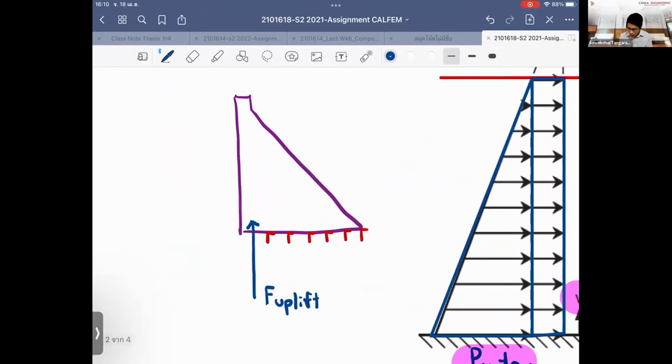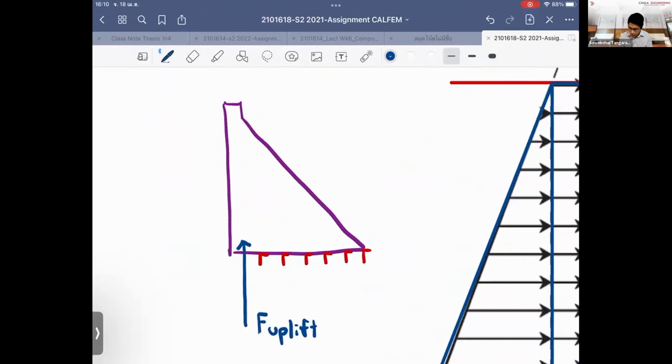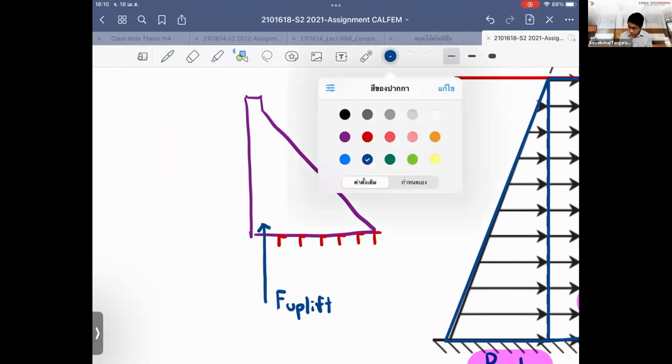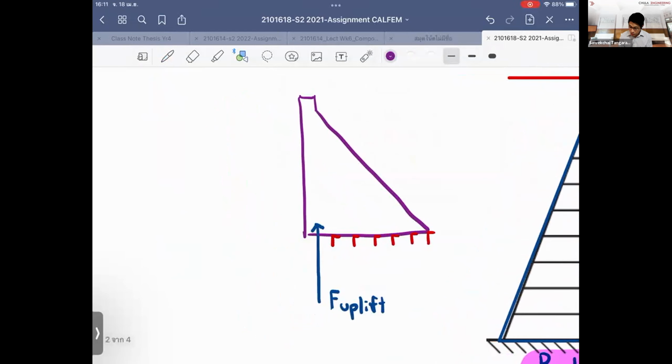And according to the hydraulic force, I have two types of force. One is a triangle, which is, if the height of the concrete dam is h, the first hydraulic pressure will be around here.